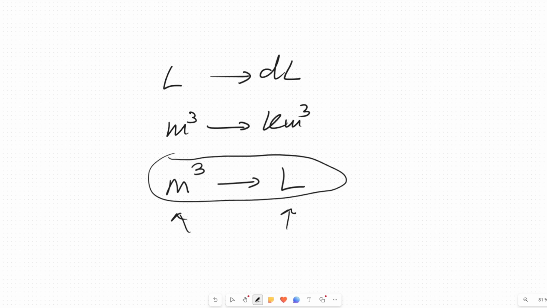First of all, we have to learn something about the equivalence between these units. And those equivalences could be summarized as: 1 cubic meter is the same capacity, the same volume, as 1 kiloliter, or 1,000 liters. 1 cubic decimeter is the same as 1 liter.